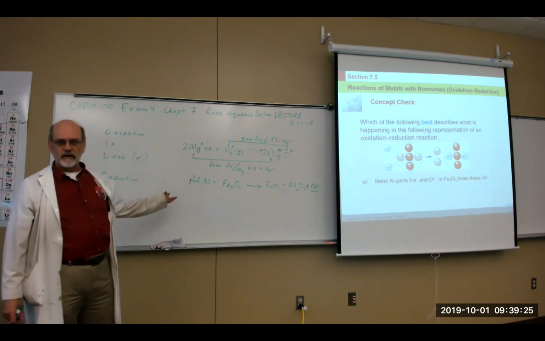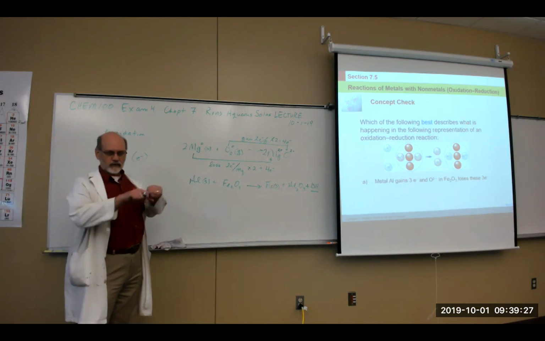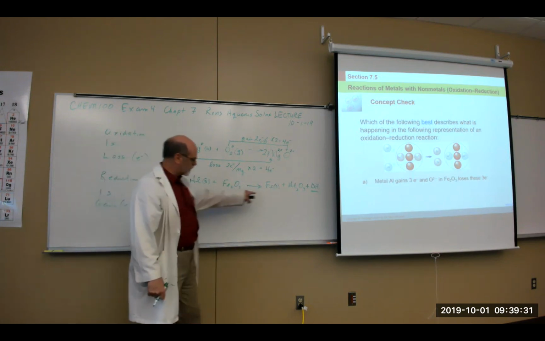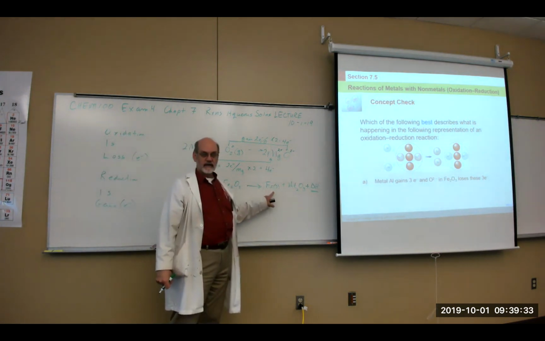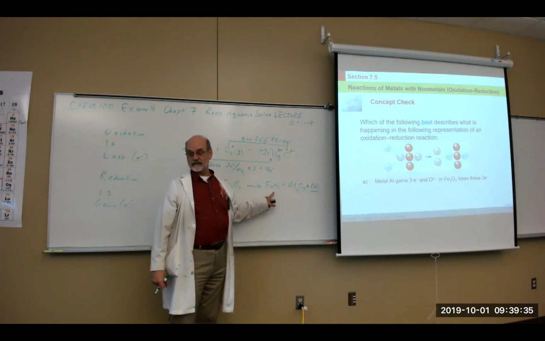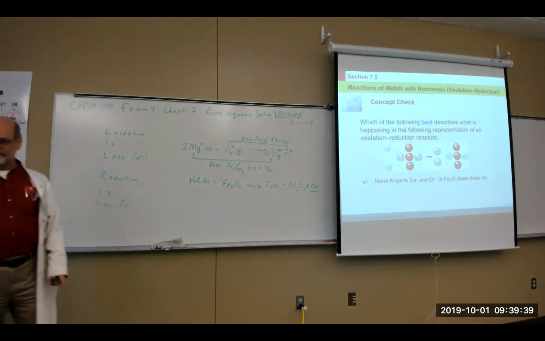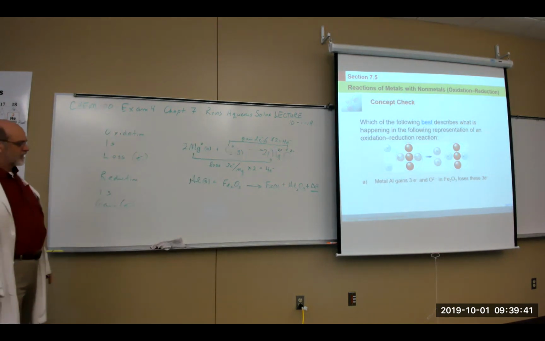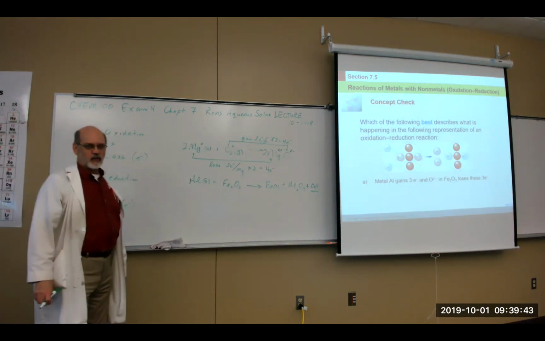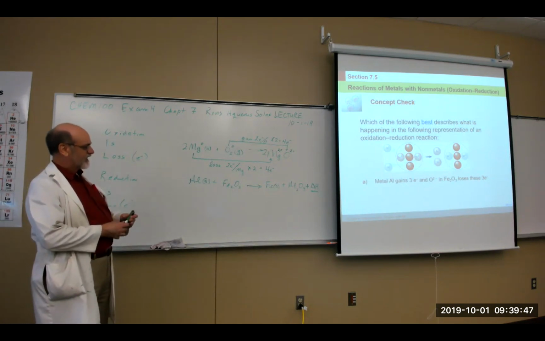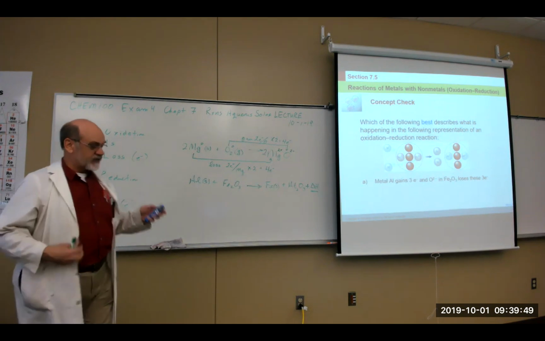They use it for joining railroad, because it produces this iron as a product, and that welds the steel together. We use that for underwater welding too. It produces so much heat, not even water can quench it. But that's an oxidation reduction reaction.